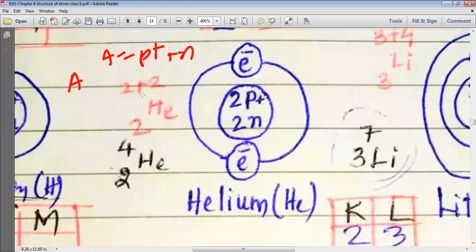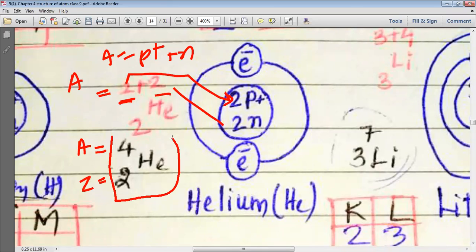The number of protons is 2, and the number of neutrons is also 2. So instead of A you write 2 plus 2, which is equal to 4. That is why A is equal to 4, Z is equal to 2, and you write the symbol 2He4 for the element helium.